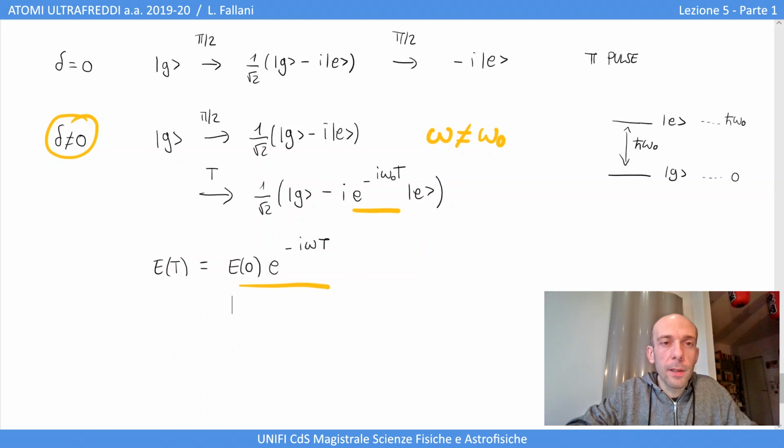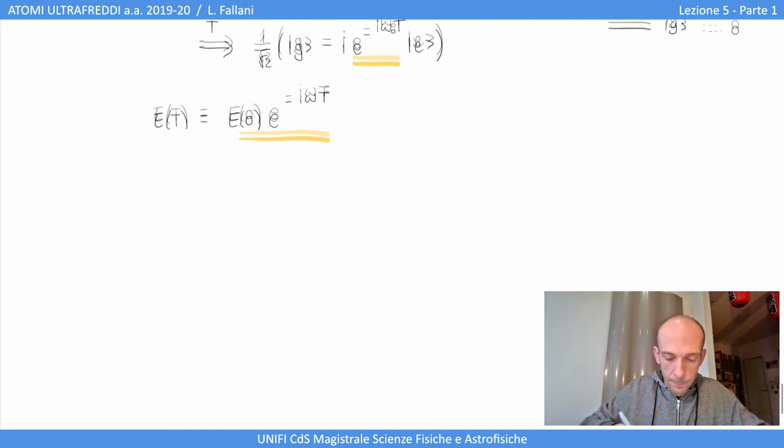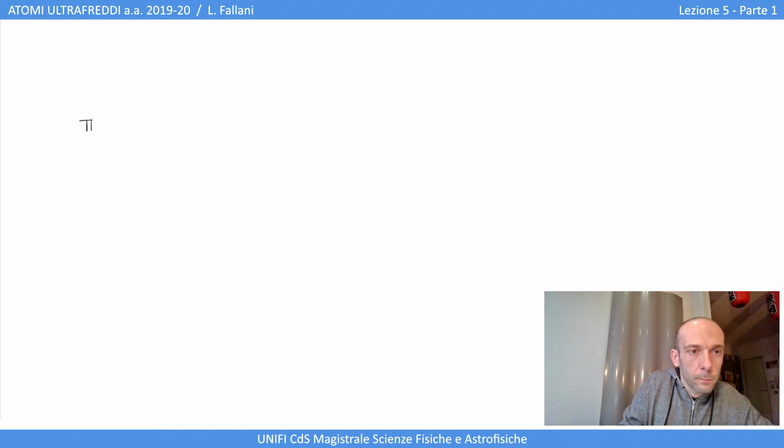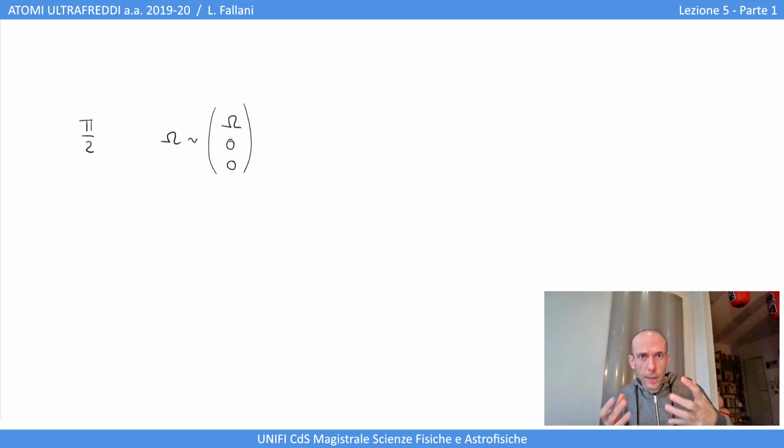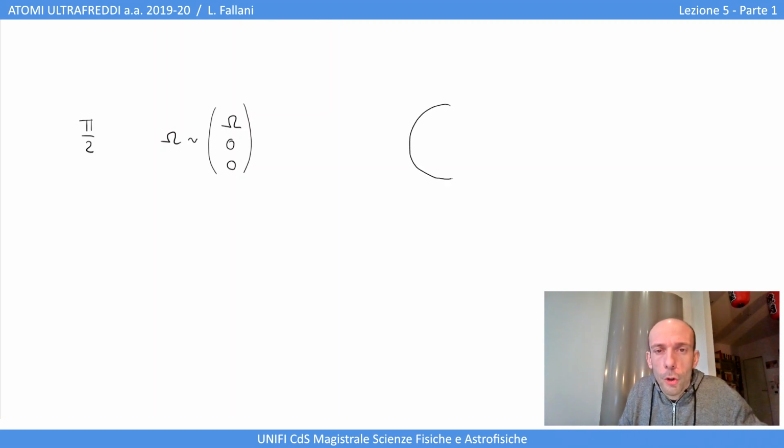So during the pi half process, the Rabi vector is omega 0 minus delta. And provided that omega is large enough, we can neglect the value of delta. So this is the regime of very strong excitation. And so this will produce this kind of evolution on the Bloch sphere.